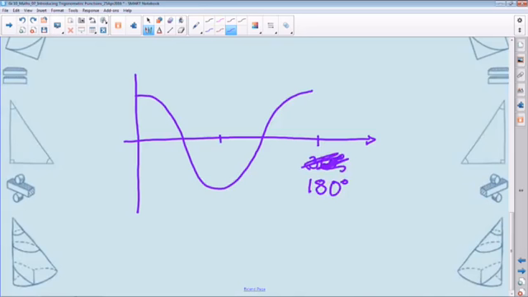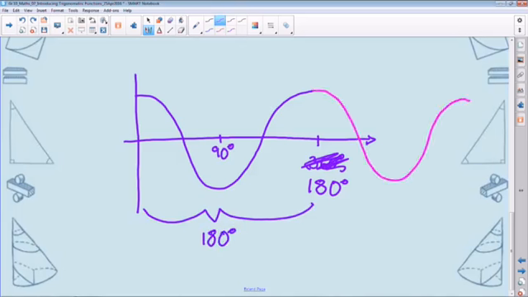Now, what does that mean the middle point over there is going to be? 90 degrees. And what is the new period of this graph? Well, it's now going to be 180 degrees. Remember that the period of the graph is the amount of time it takes for the cycle to complete. So yes, this is going to continue going on and on, but the pattern happens in 180 degrees.